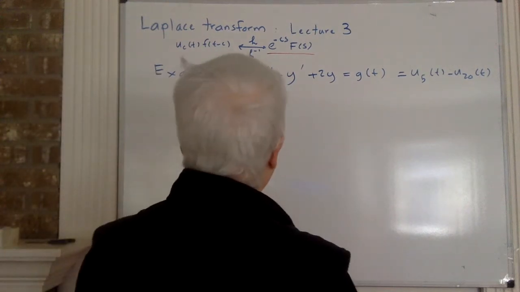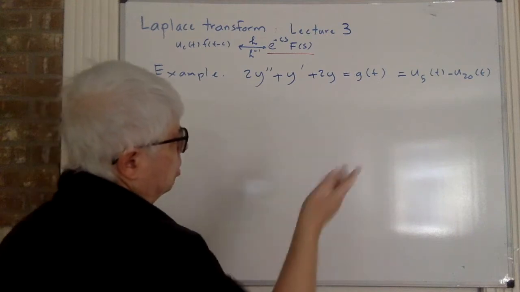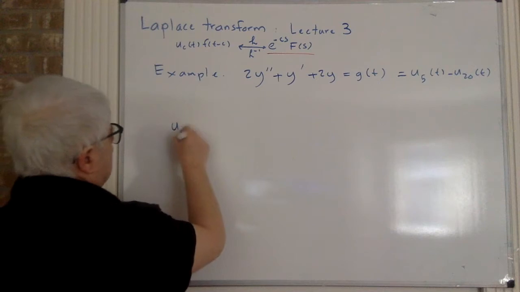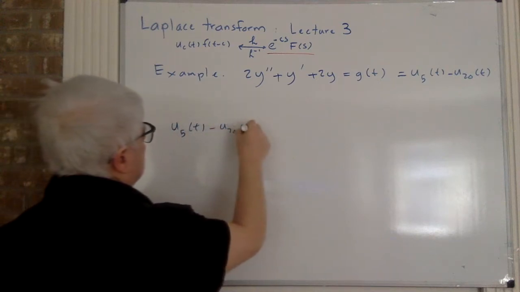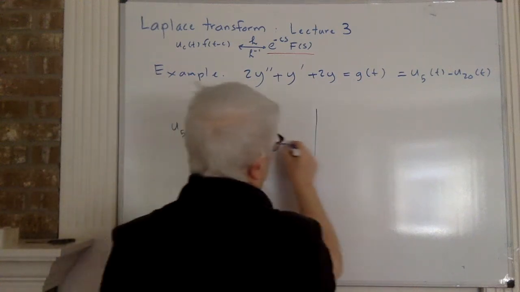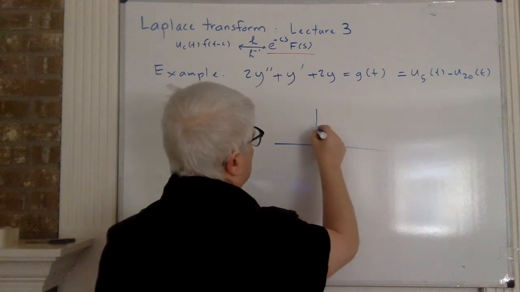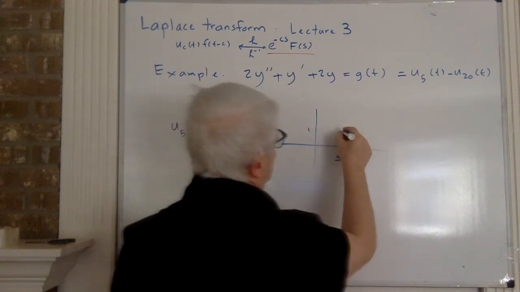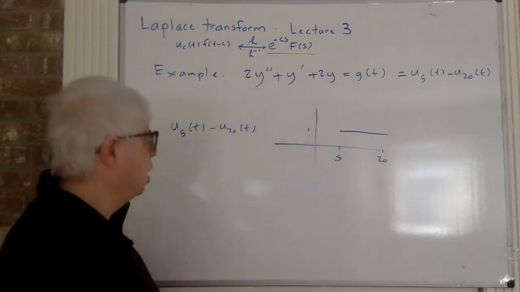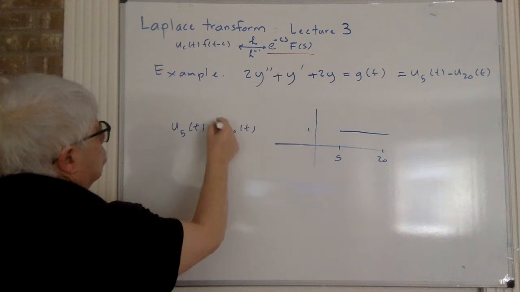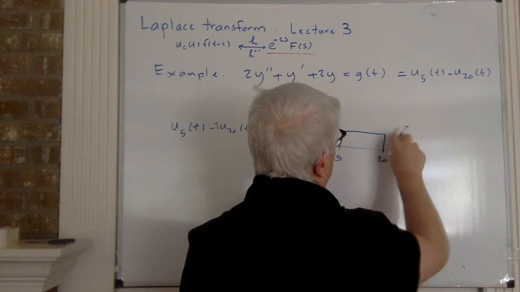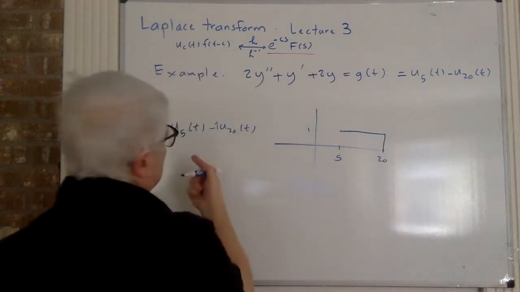So, let me first give you some examples of combination of these functions and how it works. So, u5 minus u20. This looks like this. So you start at 5, and it's 1 here. So you just go to 20, say. Then it's minus. Minus will just come down by 1 unit, and you continue, because then after that it is 1 minus 1, 0.